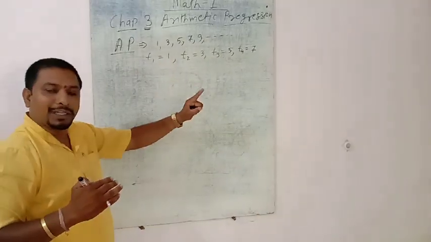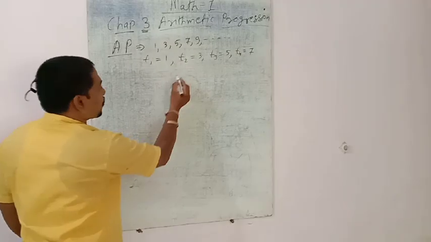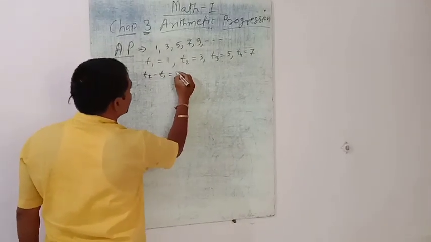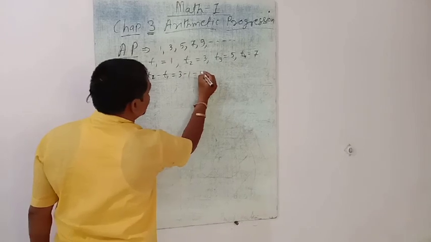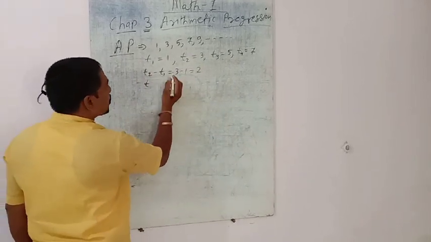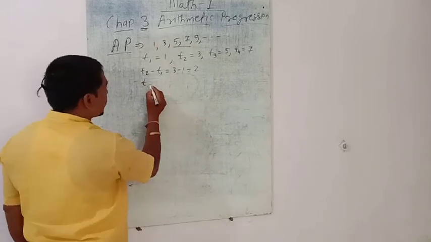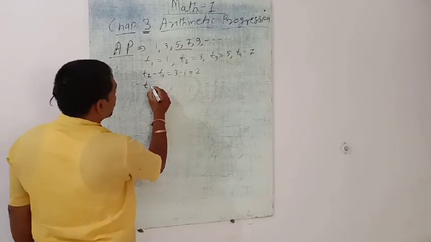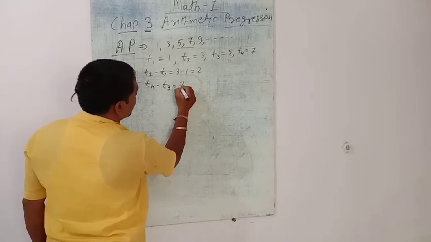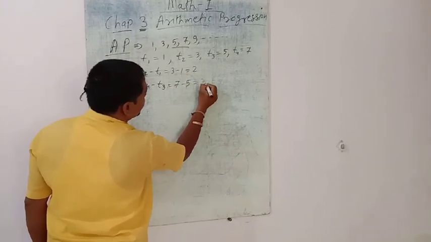The difference between two consecutive terms. Suppose we take T2 minus T1 is equal to 3 minus 1 is equal to 2. Then take two other consecutive terms, T4 minus T3 is equal to 7 minus 5 is equal to 2.